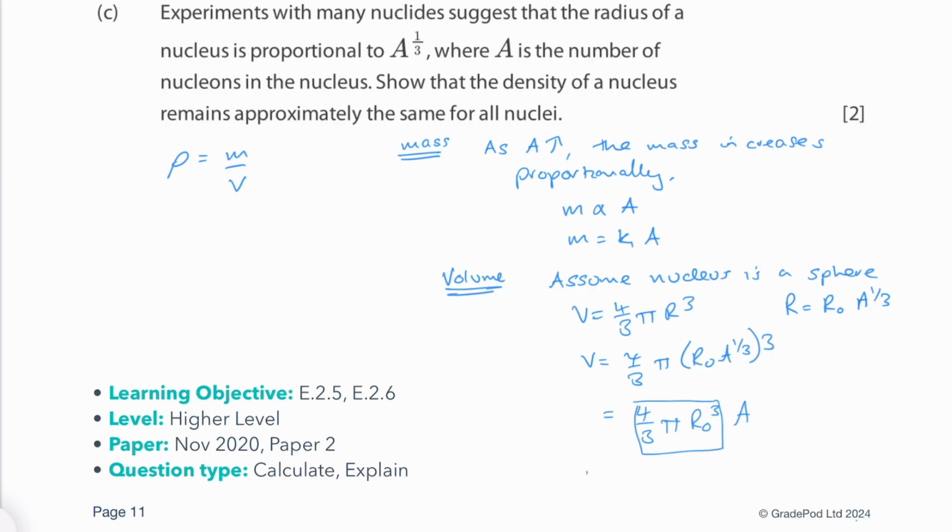So that tells us that V is equal to a constant K2 times A. Great. So we've got M equals K1A, V equals K2A. So the density is equal to K1A over K2A. These A's cancel. The density is equal to K1 over K2, which is a constant. It's the same for all nuclei.